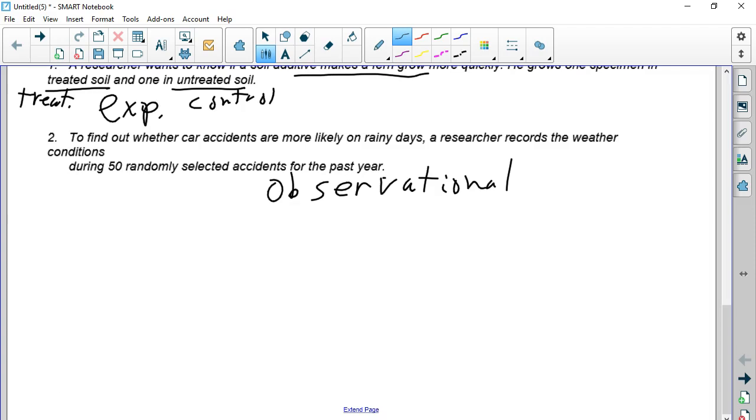Well, yes, you are, but you're looking back over data that's already happened. You didn't divide them up into a control group and a treatment group. Not that this would ever happen, but for something like this, you'd have to have rain machines on one side of a road and not on the other, and then spray the road and see what happens. That would actually be an experiment. It'd be unethical, I would assume, to most people, but that would be an experimental version of this. But looking back over data that's already been found is observational.